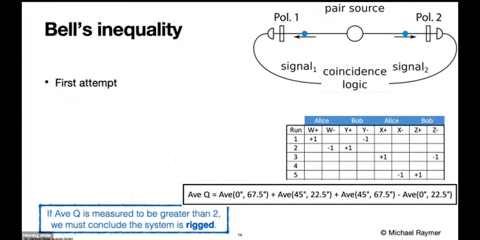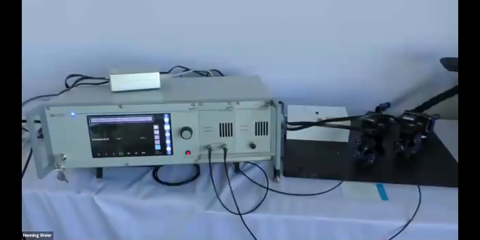So let's start measuring actually, and I will briefly have you see the setup, but this has not changed at all. It's a bit darker today, but this is the setup, as you can see.